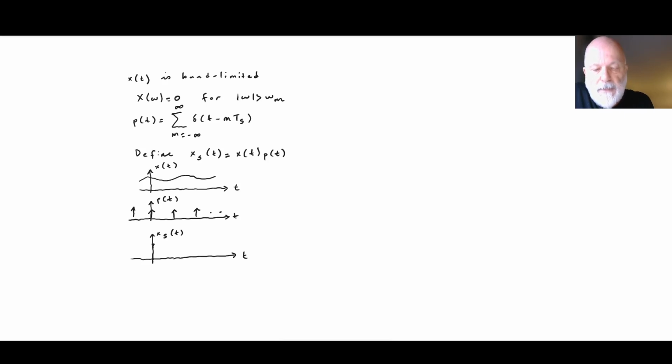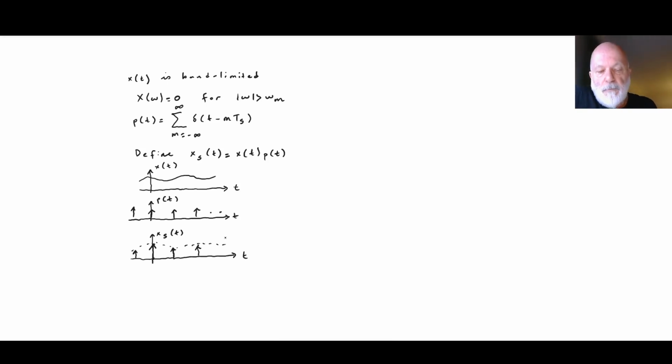So we have this impulse at t equal to 0. Then at t equal to ts we have this impulse. Then at 2ts we have another impulse, and we have an impulse here. In a way, the envelope is defining the graph of x of t.